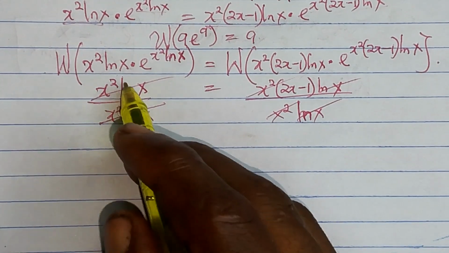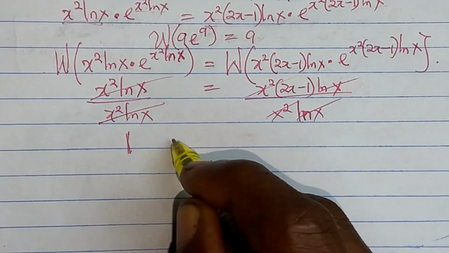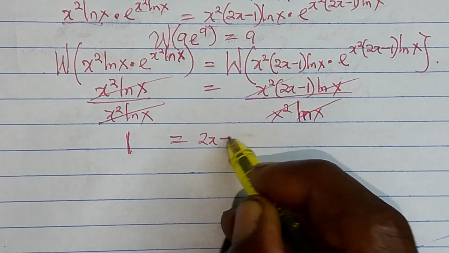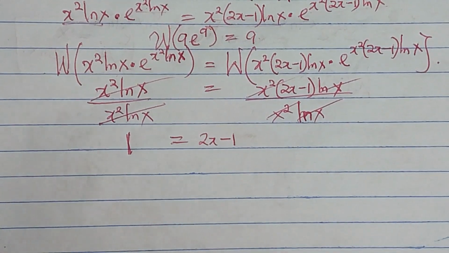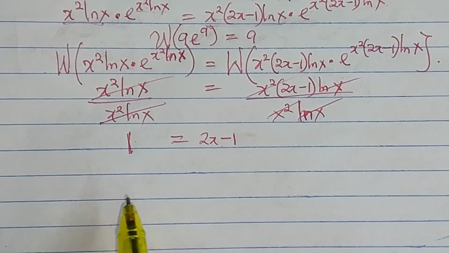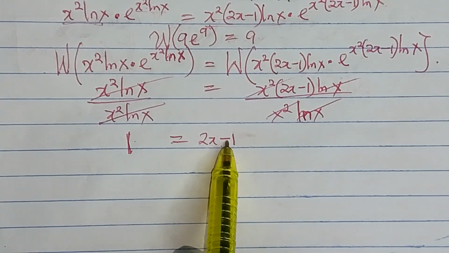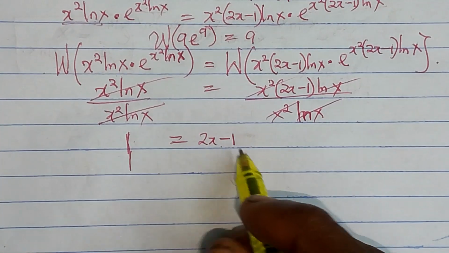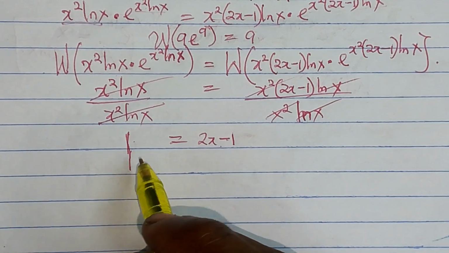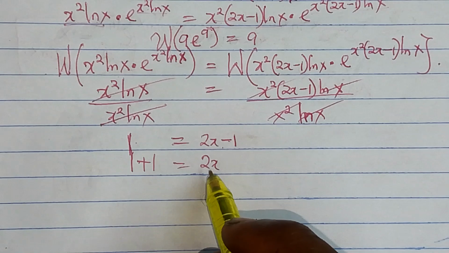So this divided by this is 1, and 1 equals what is left on the right hand side, which is 2x minus 1. Since this is equal to this, we have to make 2x the subject, and by transposing, we take this to the left hand side, that is 1. Since this is minus, when it crosses over the equal to sign it becomes positive, so 1 plus 1 equals 2x.